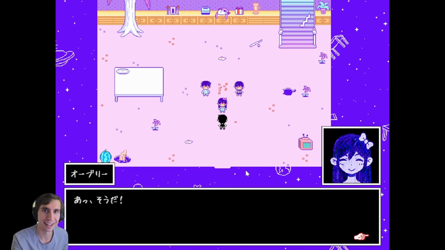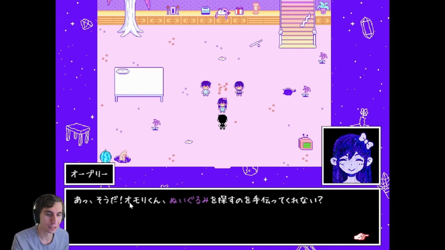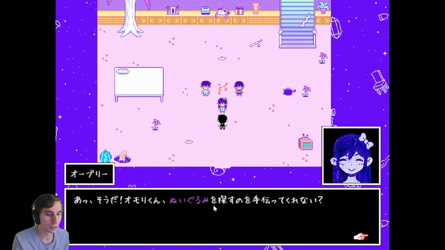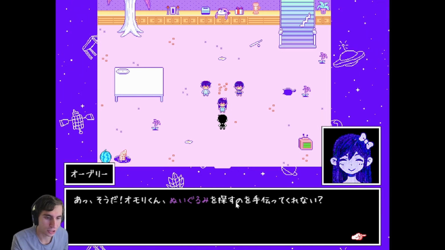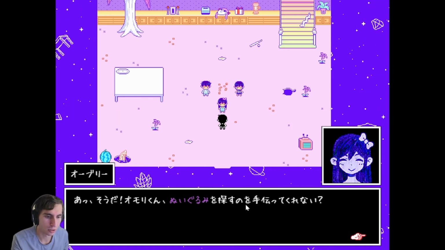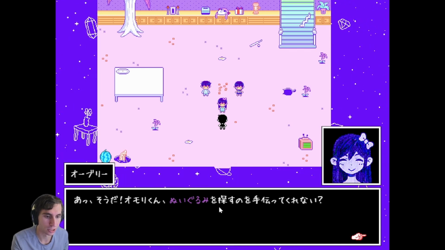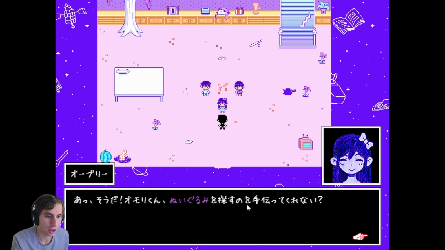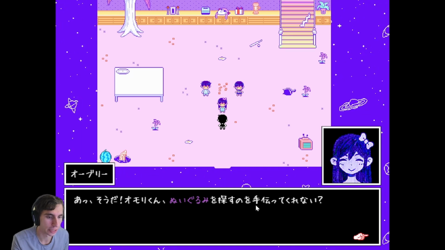So そうだ is like, that's it. そうだ. OMORI-kun, us. ぬいぐるみ is again, that's plush toy. を探す to search. のを searching. So 探す no searching. So basically this entire clause is like searching for that stuffed plush toy.